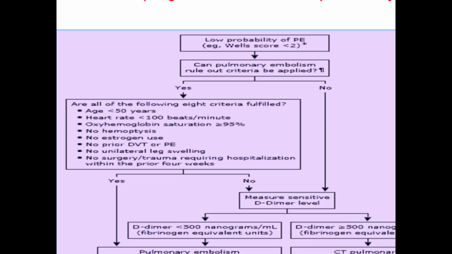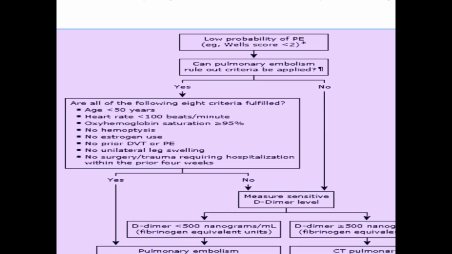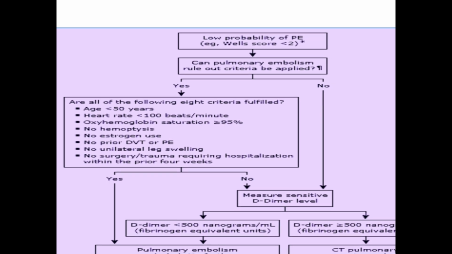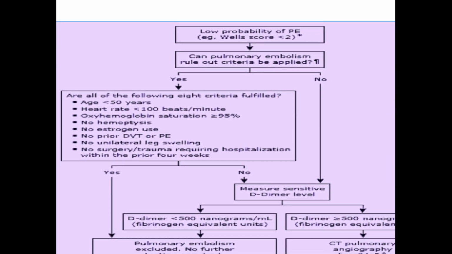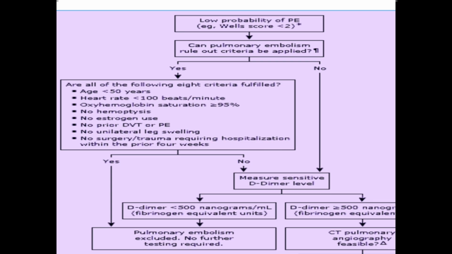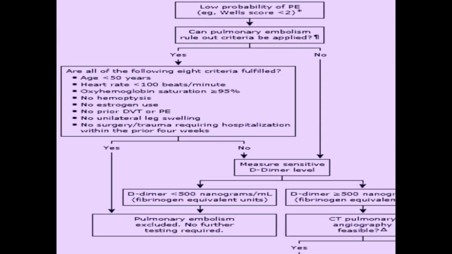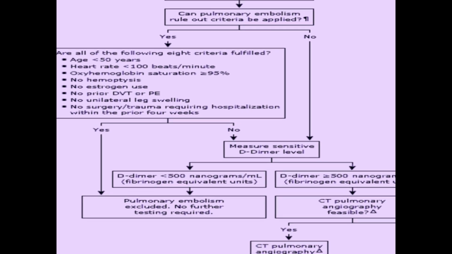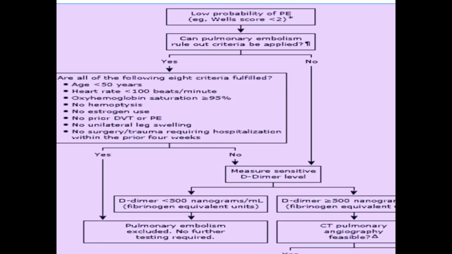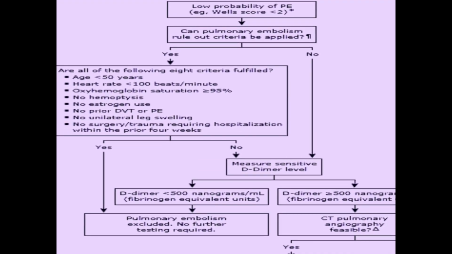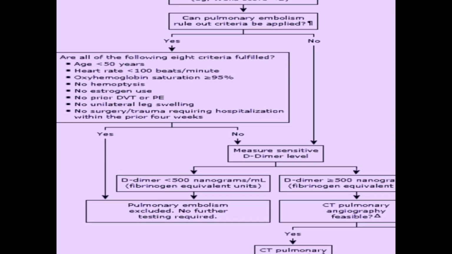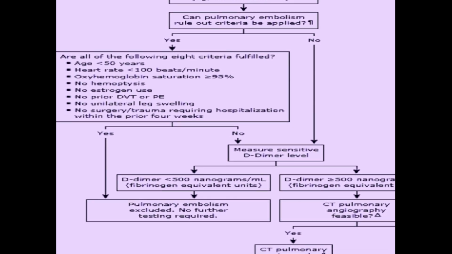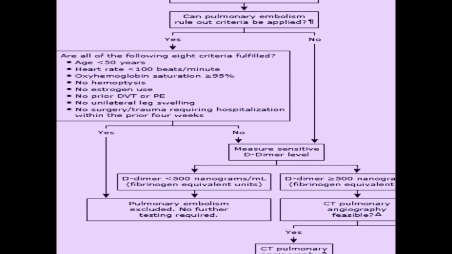That is, age less than 50 years, heart rate less than 100, oxygen hemoglobin saturation more than 95%, no hemoptysis, no estrogen use, no DVT or pulmonary embolism, no unilateral leg swelling, no surgery or trauma requiring hospitalization within the prior 4 weeks. If this formula can be applied, and the answer to all these questions is yes, then pulmonary embolism is excluded.